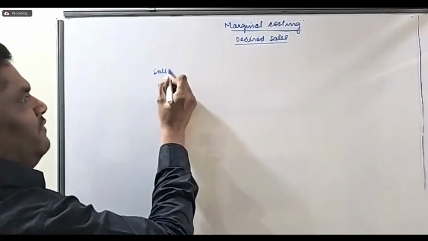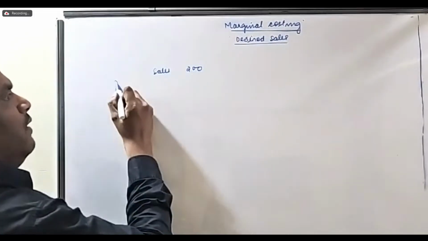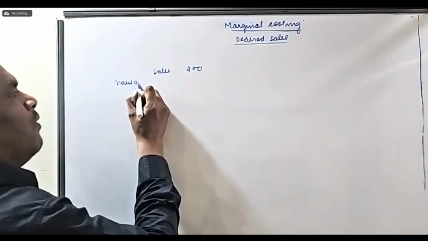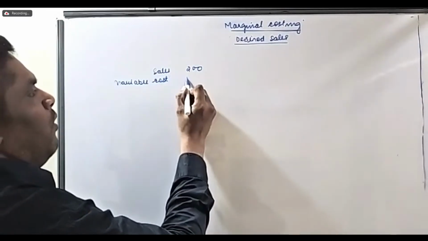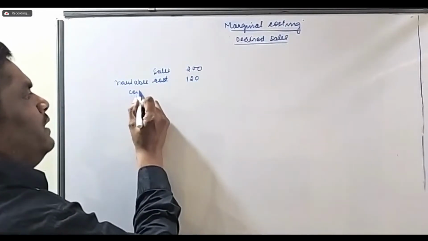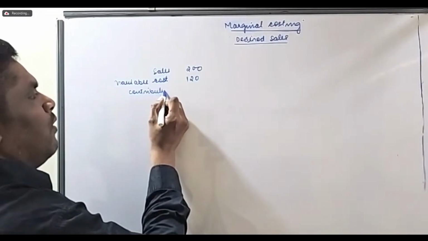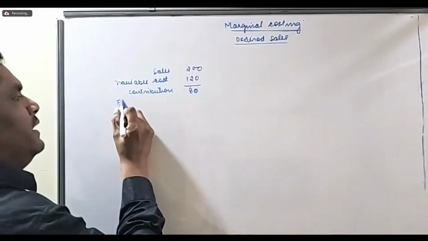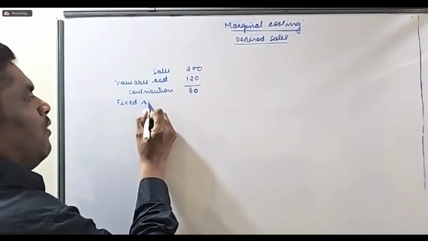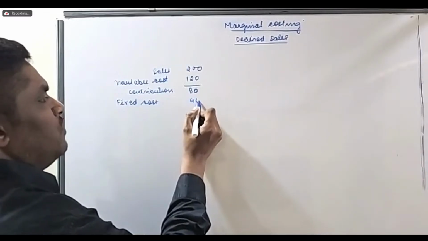Let's see the same question wherein my sales is 200. My variable cost is 120. My contribution is 80. My fixed cost is 40.